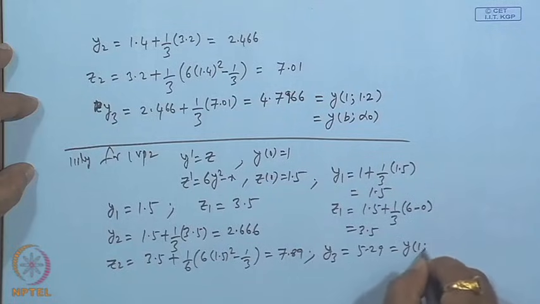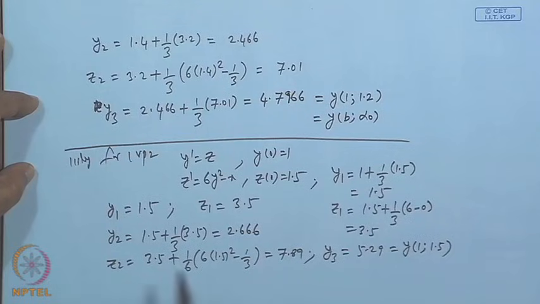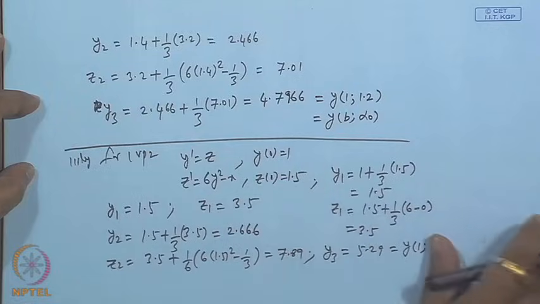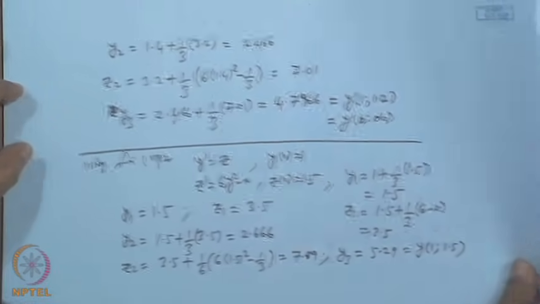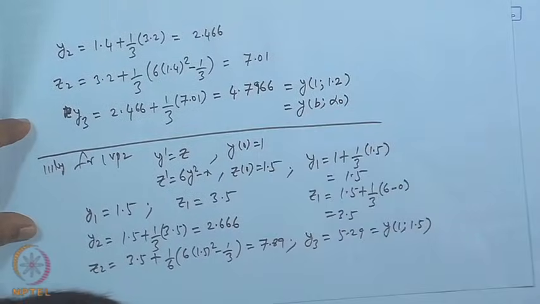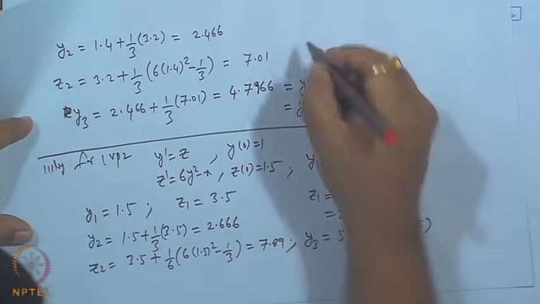Y of 1 using 1.5. Okay. So, the first one is 4.79, and what is our target? So, our target was 5.